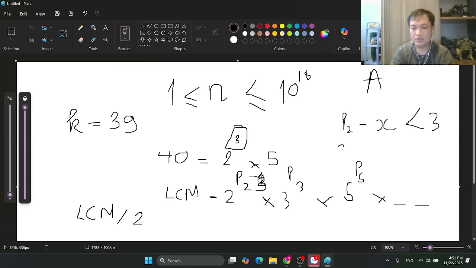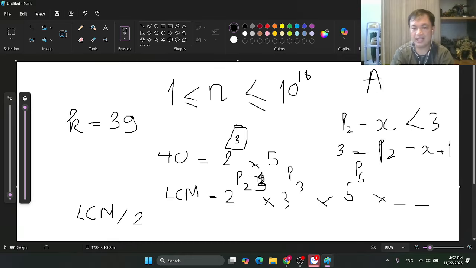That means 3 is P2 minus S plus 1. Yes, repeat with the LCM until you get the answer A.